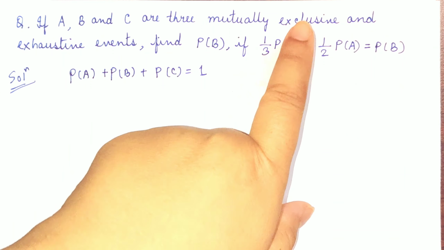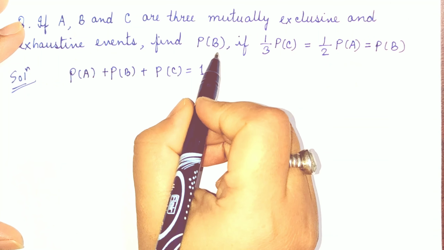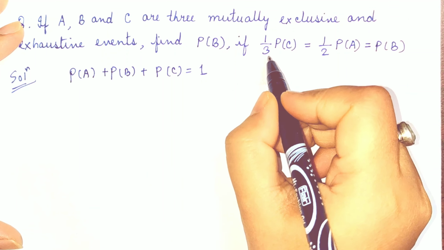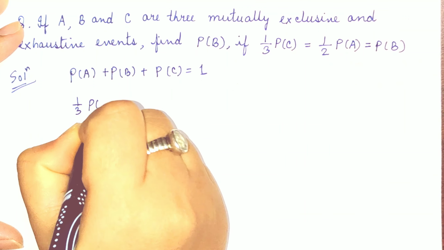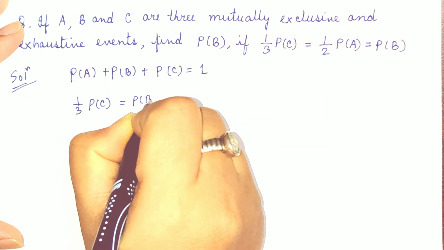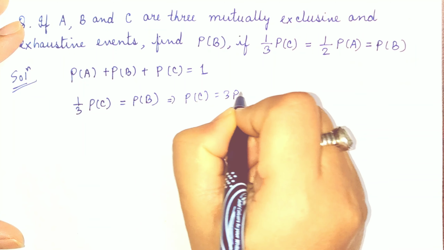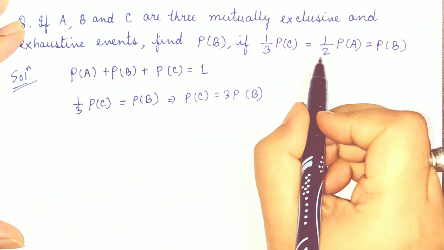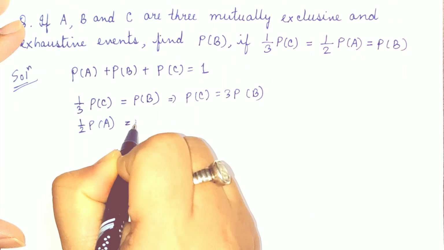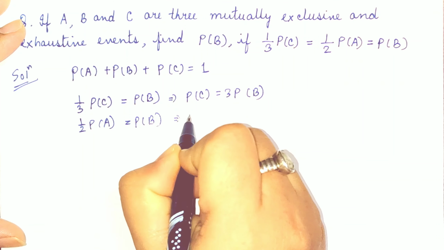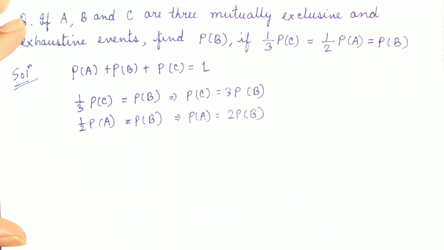Here the condition is given. From here we can write 1 by 3 P(C) equal to P(B), so P(C) equal to 3 P(B), and 1 by 2 P(A) equal to P(B), so P(A) equal to 2 P(B).